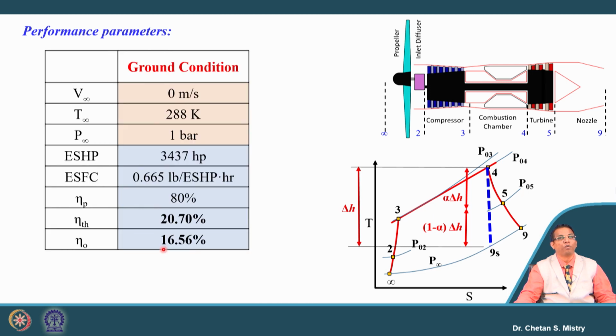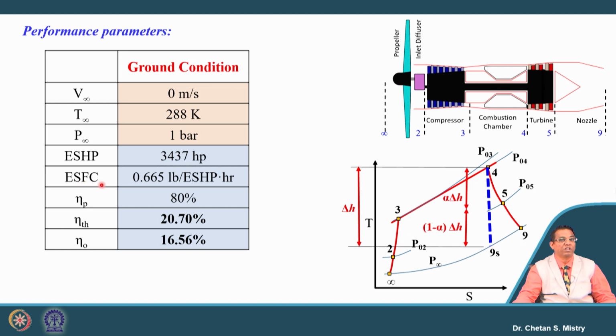Okay. Now overall, if we look at it, we have V infinity to be 0, the temperature is 288 Kelvin at the entry, and the pressure was 1 bar. Equivalent shaft horsepower we have calculated is 3437 HP.